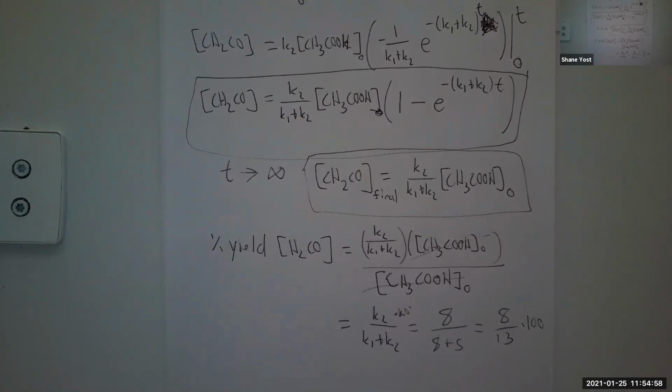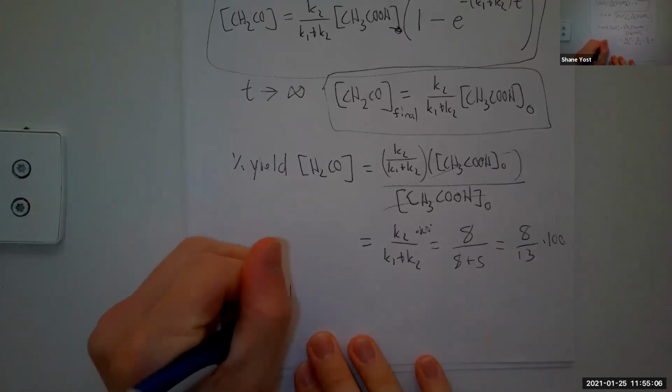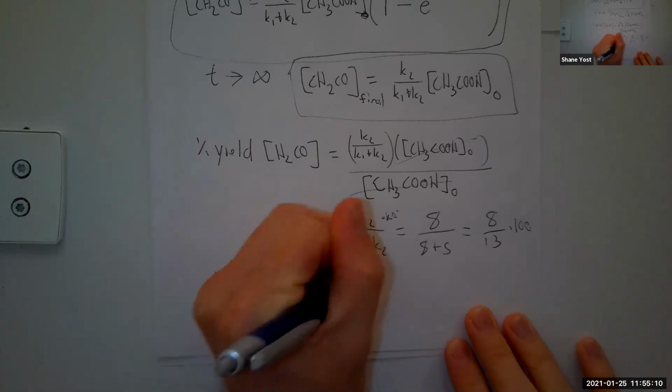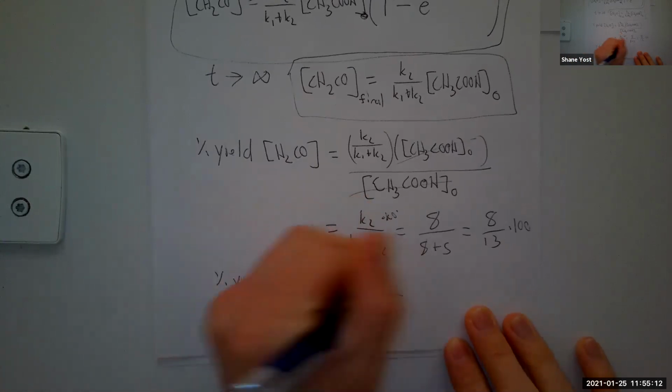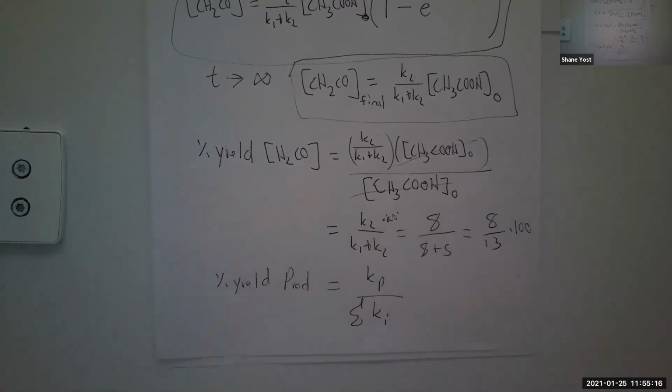So for parallel first order reactions, there's this general rule: the percent yield of some product is equal to the rate constant for that product divided by the sum over all rate constants for all the first order competing reactions.